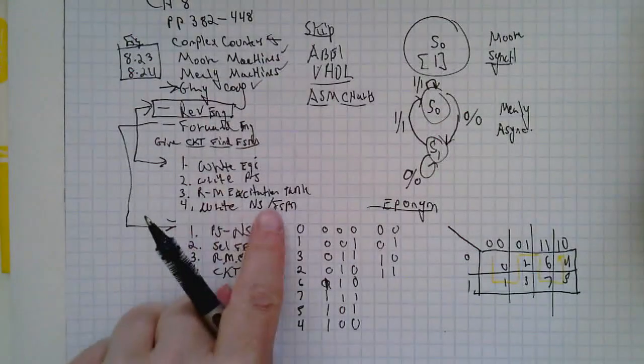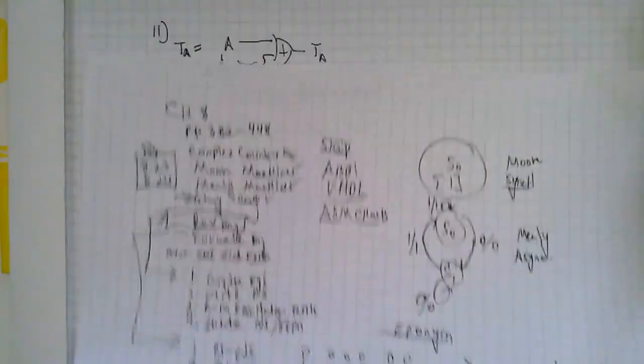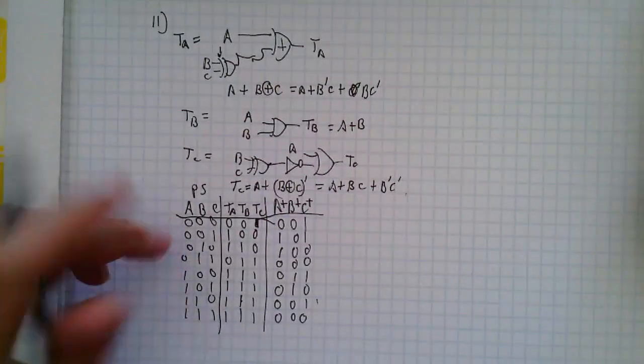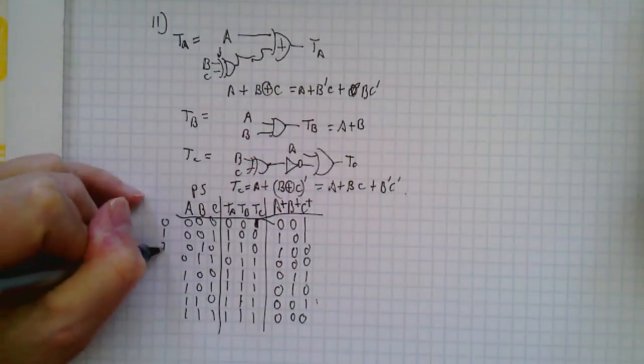It says here I got to write the finite state machine. I got the next state. So what do I do? I don't know. Let's number the truth table. 0, 1, 2, 3.